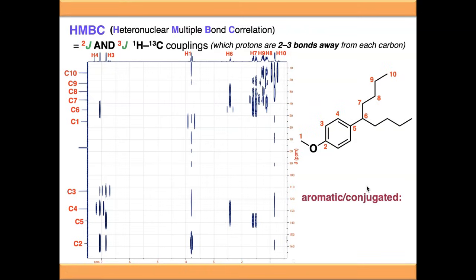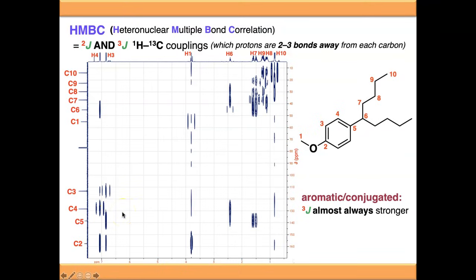Now, there's a certain rule of thumb when interpreting HMBC spectra, and it's to do with the intensity of the signals. As a general rule of thumb, in an aromatic or conjugated system like benzene rings, the 3J coupling is almost always stronger than the 2J coupling. So you can see some of these signals are quite weak, and some are stronger.